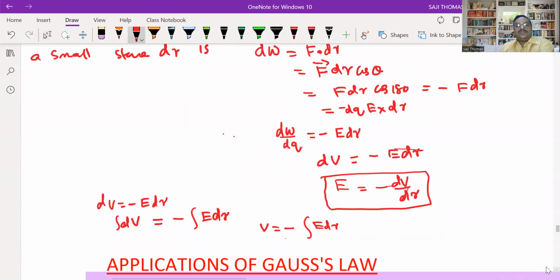Okay. So this relation you remember. E is equal to minus dV by dr. So what is the relation between electric field and potential difference? Electric field is the negative gradient of electric potential.